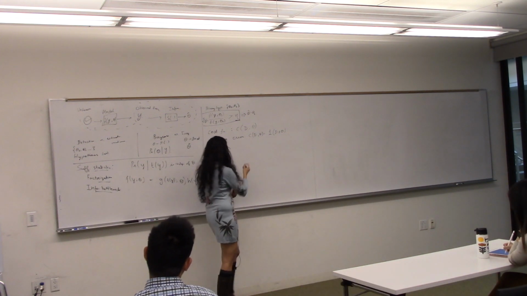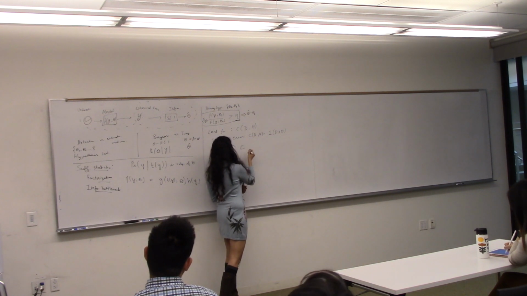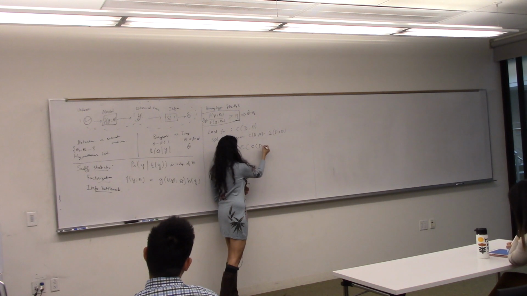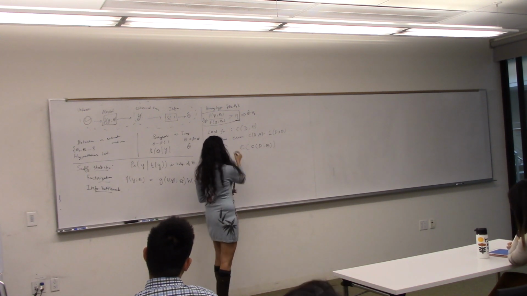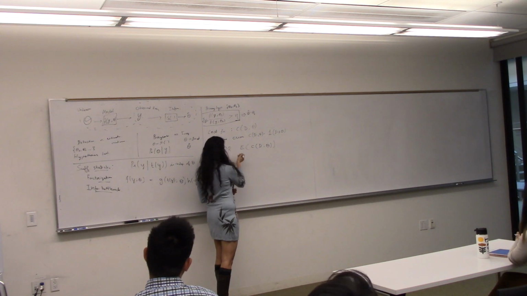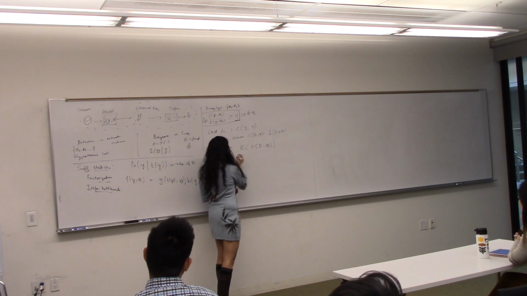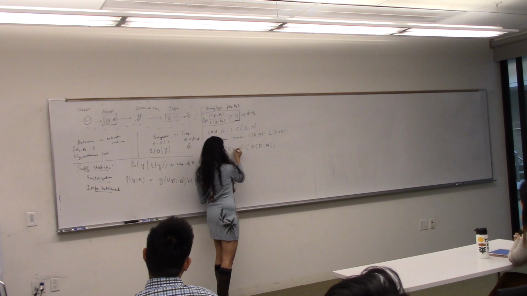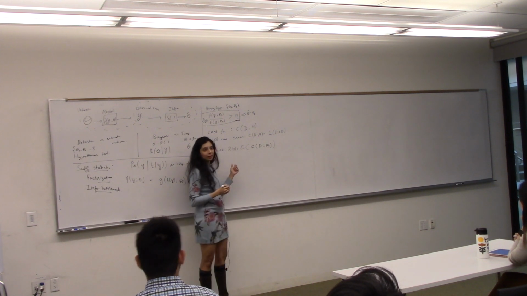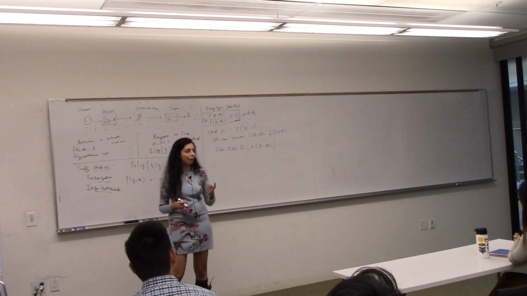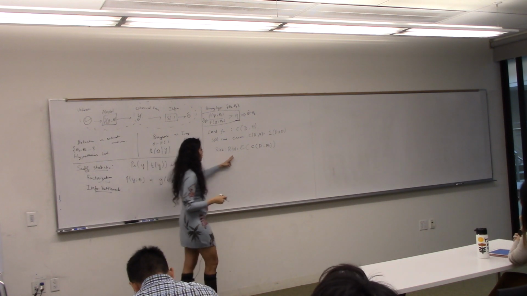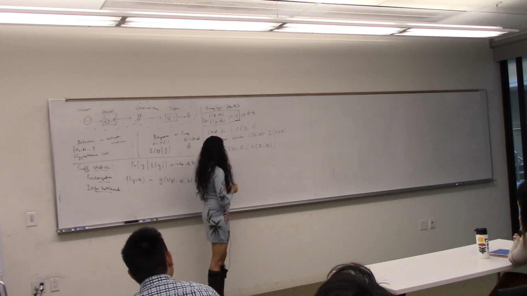So the risk is nothing but the expected cost. And in this setup so far, I'm treating theta to be just a fixed value. When we come to Bayesian, we can also average over theta, but so far it's a fixed parameter.